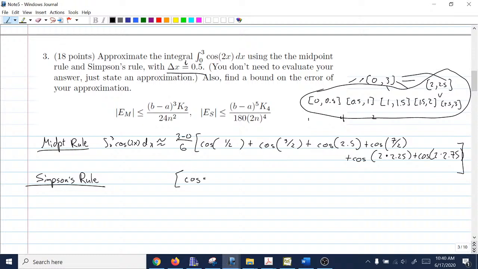Cosine of the first point is 2 times 0. Second point is cosine of 2 times 0.5. Cosine of 2 times 1. Cosine of 2 times 1.5.